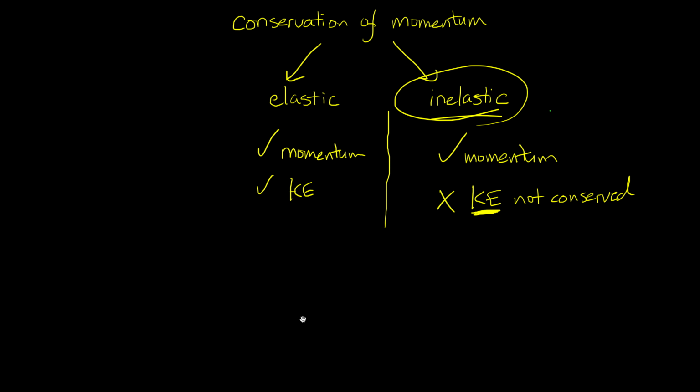Let's talk about the equation now for inelastic collisions. Now it looks a little bit the same as the elastic collisions. However, there is a difference. The equation, first of all, stems from the law of conservation of momentum, where the collective total momentum before the collision equals the collective total momentum after the collision.